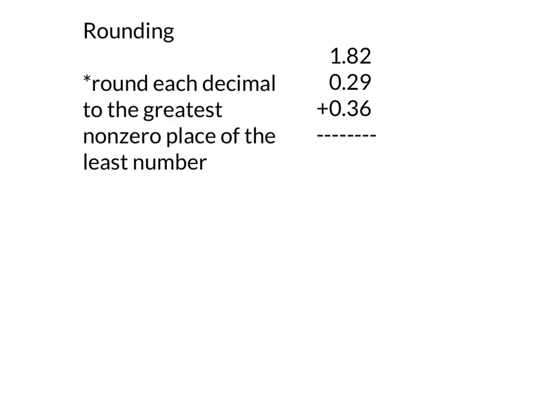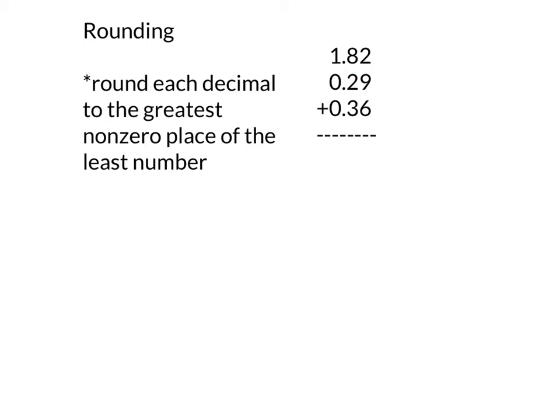So we'll look at these same numbers and we'll use rounding now to estimate these. When you round each decimal to the greatest non-zero place of the least number, what that means is we look at all three of our numbers, find the least, which is the 0.29, and the first non-zero place is this 2, which is in the 10th place.